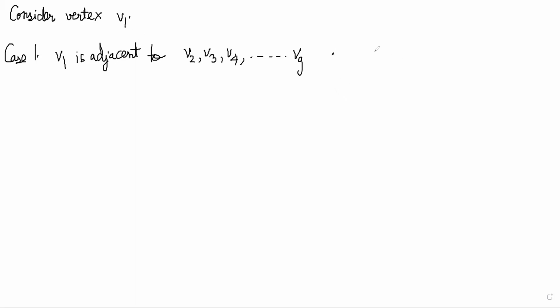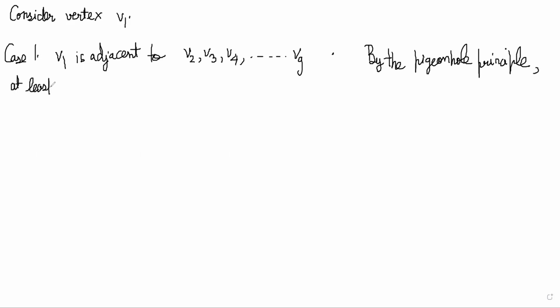In that case, we can say that by the pigeonhole principle, there are at least two edges from V1 to V2 through V9, right? Which are colored with the same color.